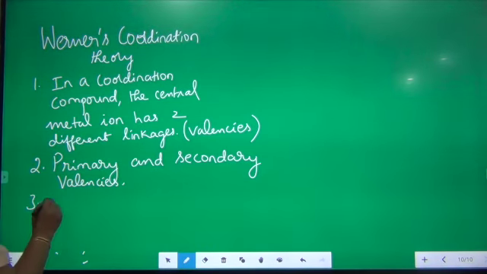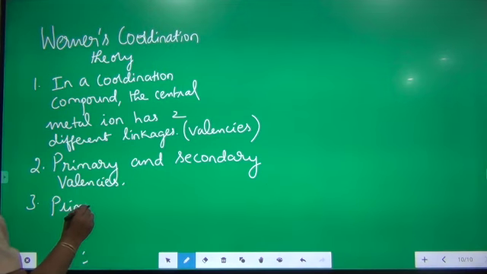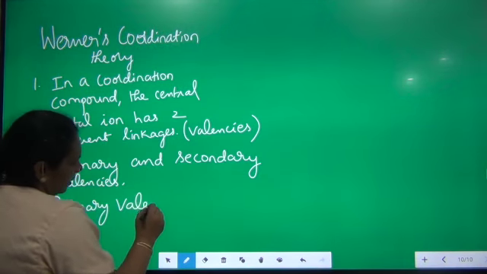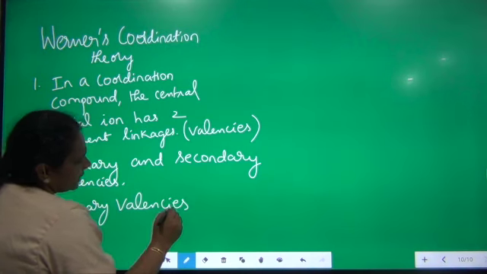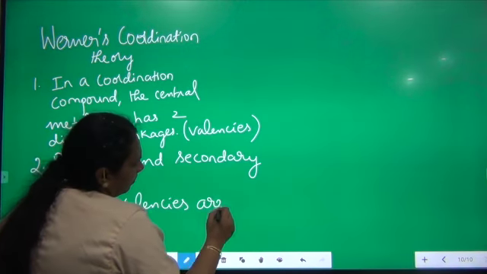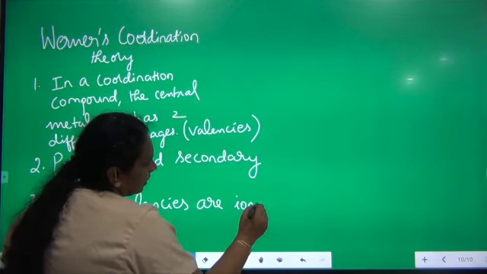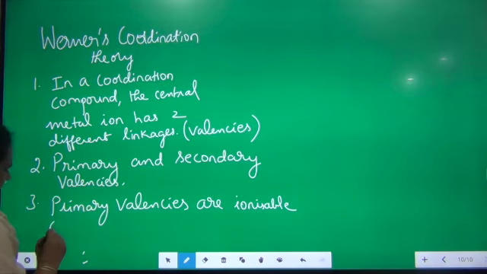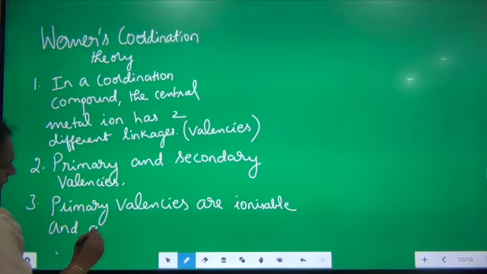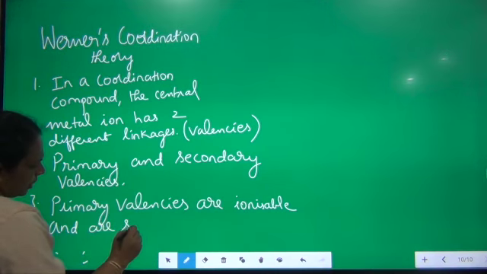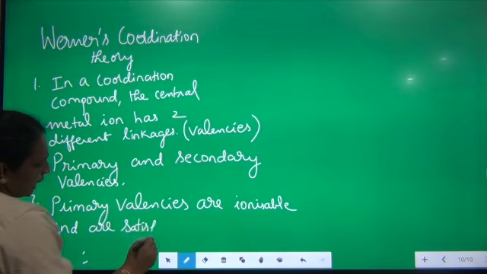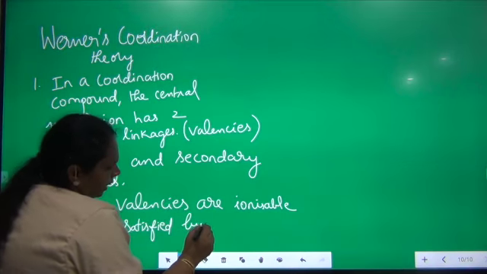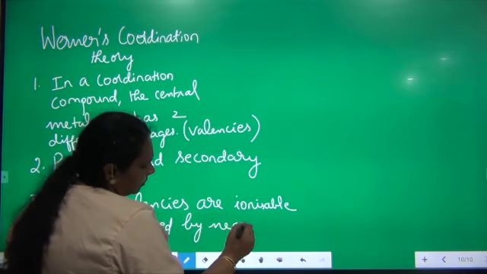Third point, primary valencies are ionizable and are satisfied by negative ions.